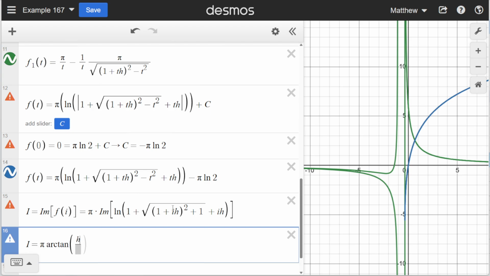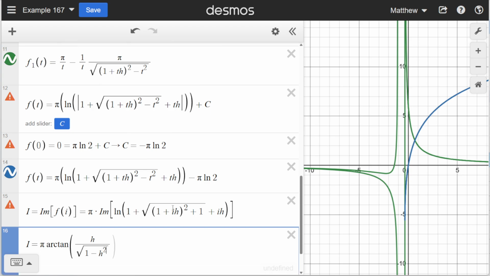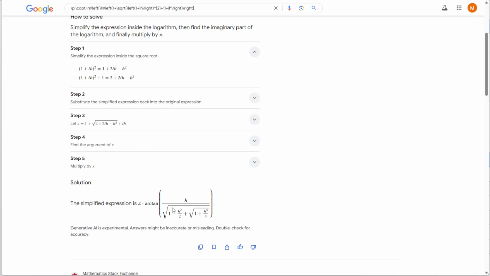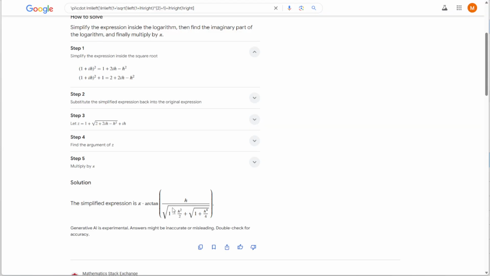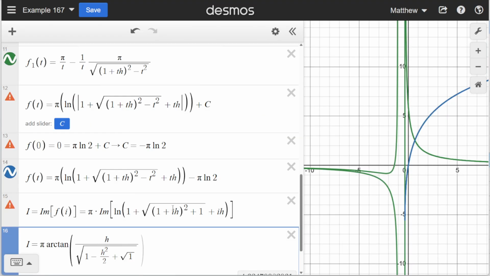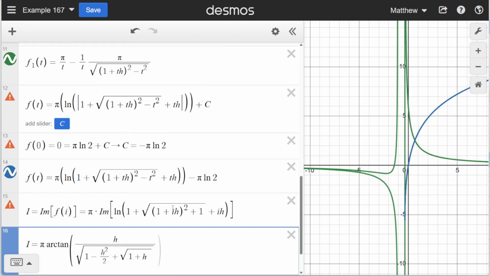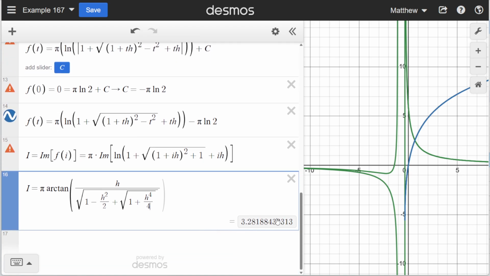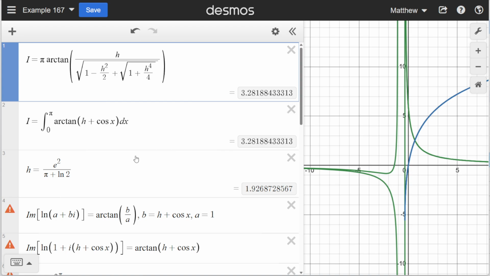It's h over the square root of (1 minus h squared) over 2, and then we're still inside the square root, but now we have another square root plus the square root of 1 plus, and if this isn't right, I'll have to figure it out myself, 4 over 4. All right, what's that value? 3.28. Does that match? Oh yes, it does. It matches exactly.